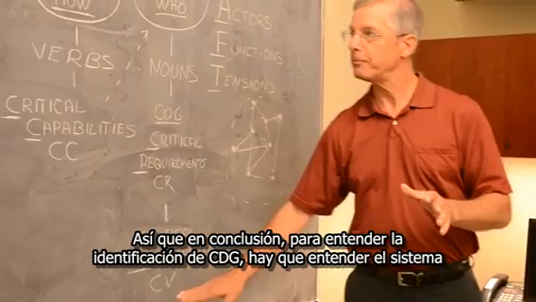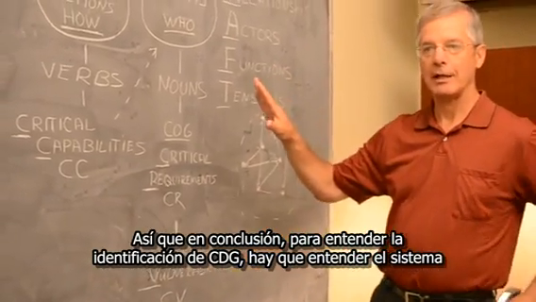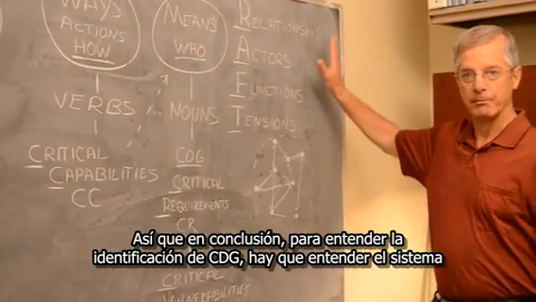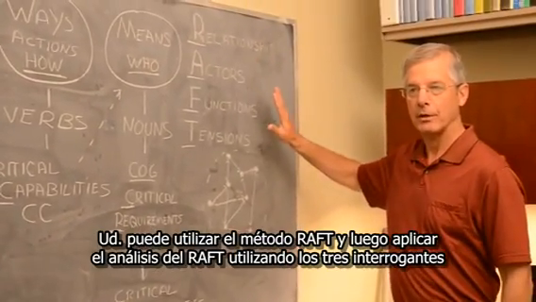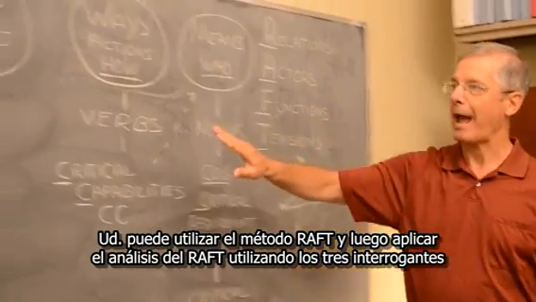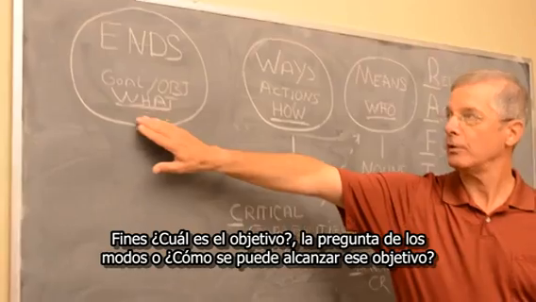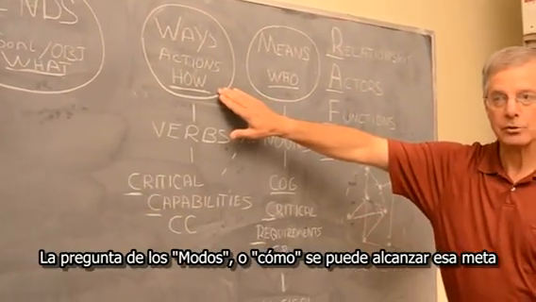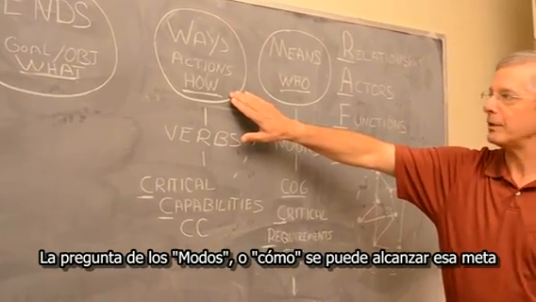So in conclusion, to understand center of gravity identification, start off by understanding the system. You can use the RAF method and then apply the analysis of the RAF by asking these three questions. The ends question: what is the goal? The ways question: how can that goal be achieved?